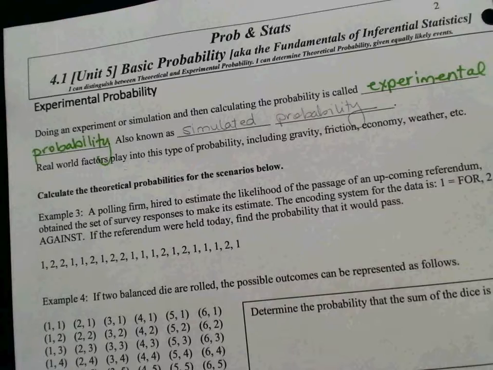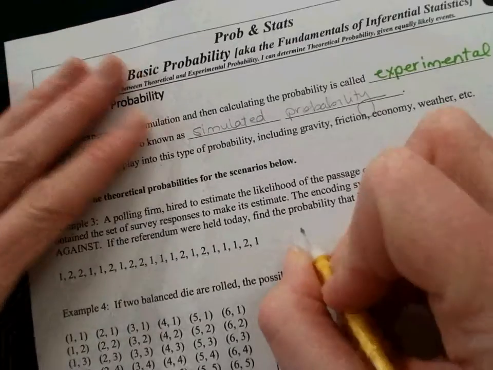Good. So super complicated code here. If you have a 1, it means you were for the referendum. If you have a 2, it means you were against the referendum. So we're counting up the number ones. How many number ones are there? 12.